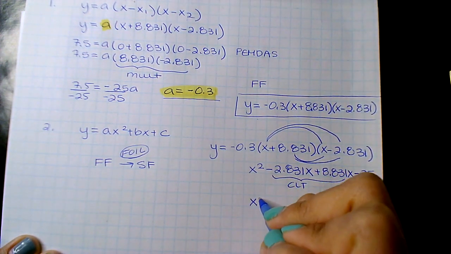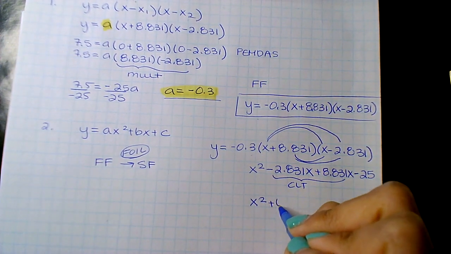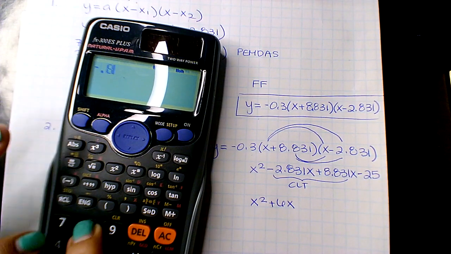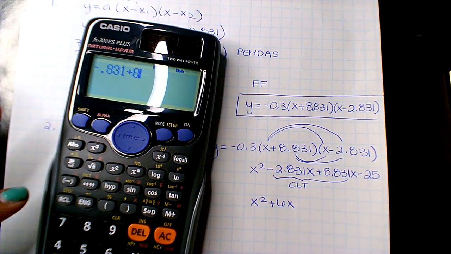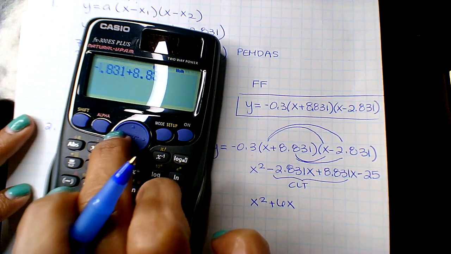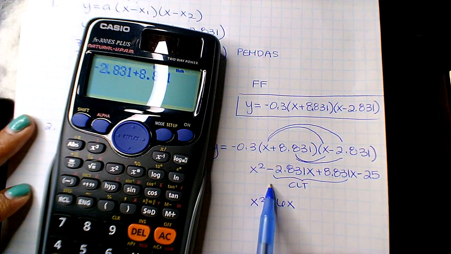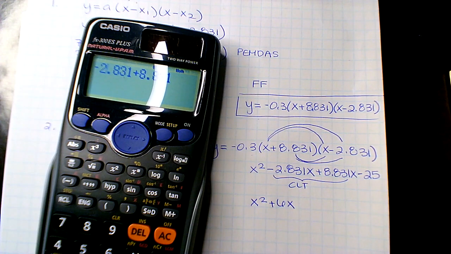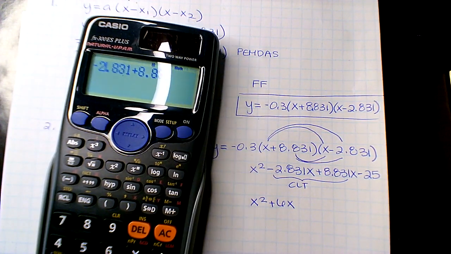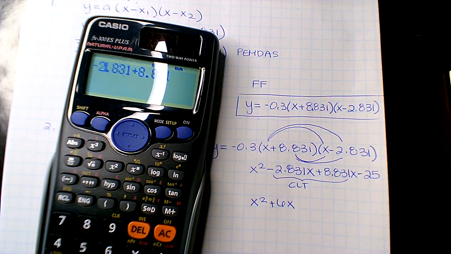So I get x squared, and this should just be plus 6x, but let's double check. Oh, wait, I didn't write the 2. Yeah, okay. So negative 8.31 plus 8.31, we should get, where's my equal sign?